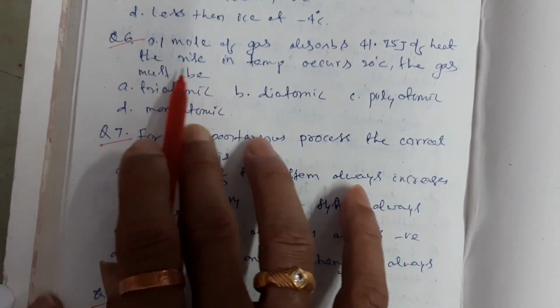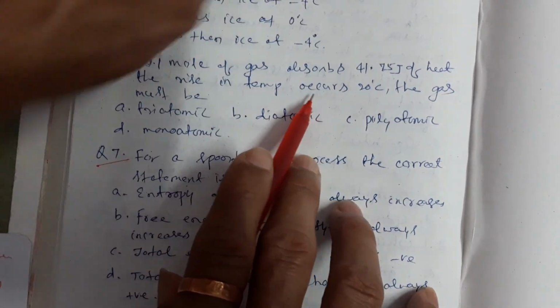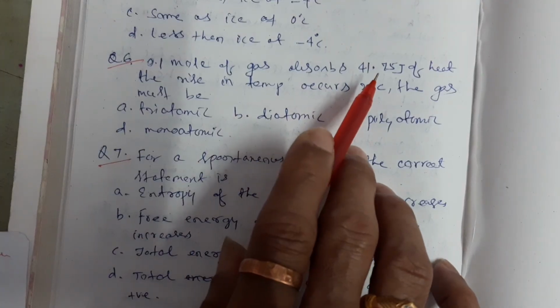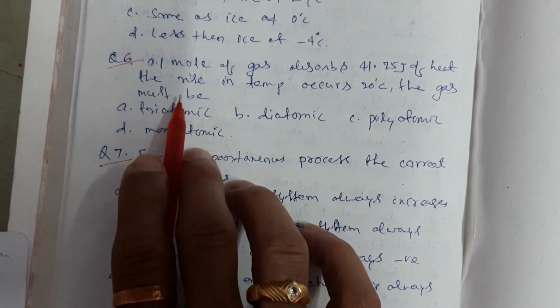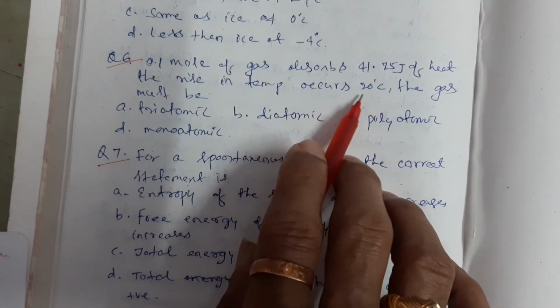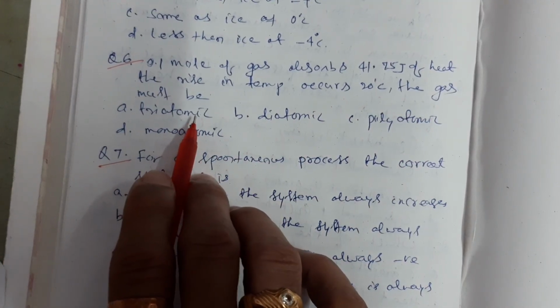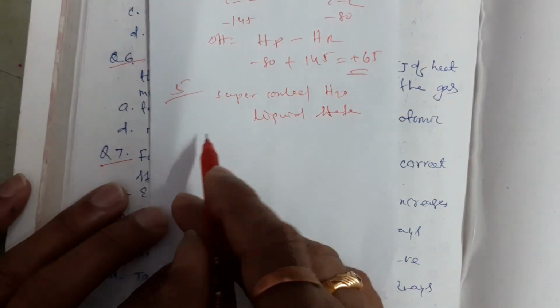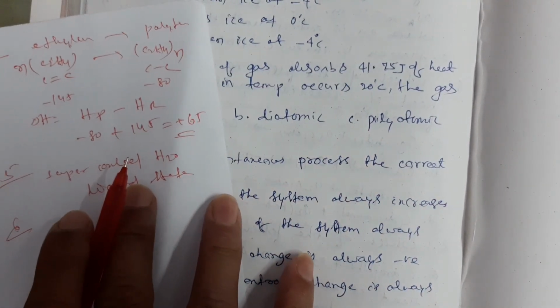Next, 0.1 mole of gas absorbs 41.75 joule of heat. The rise of temperature is 20 degrees centigrade. The gas must be what? Okay, you remember question number 6. What is given?